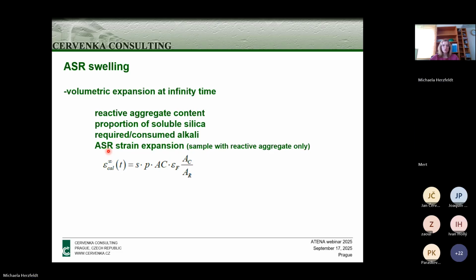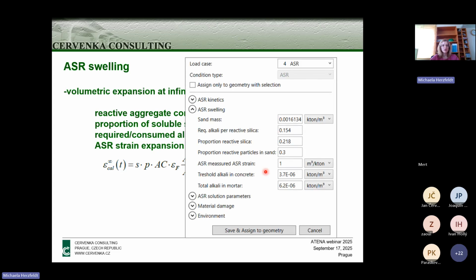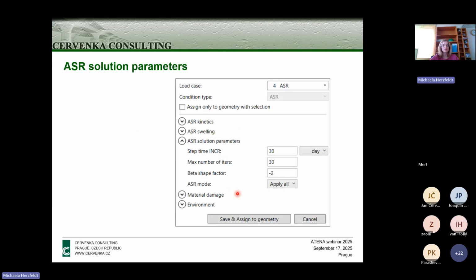And also the strain, that is the strain tested on the free expansion sample, the free expansion caused by ASR. Yeah, so then you have this information also written in parameters in preprocessing.